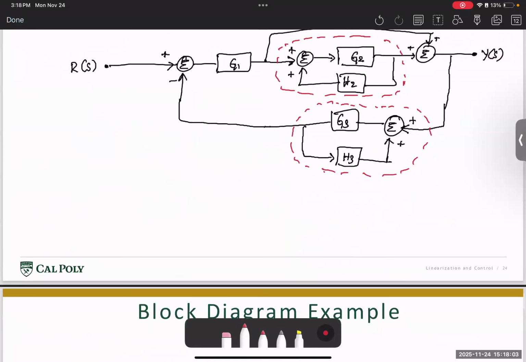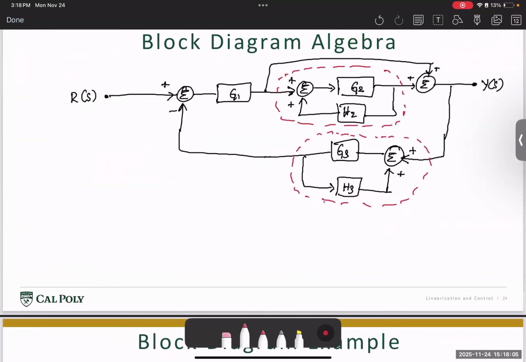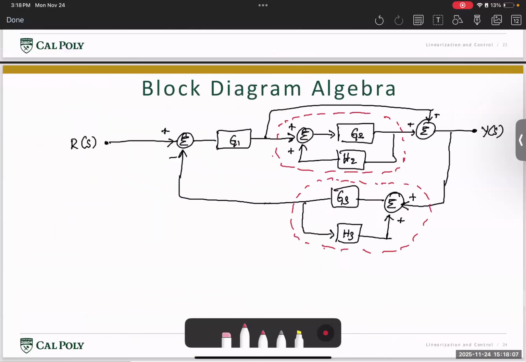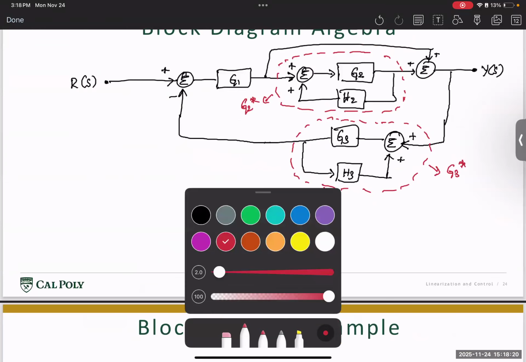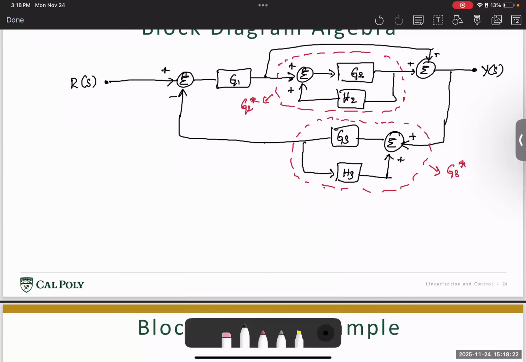All right. So now just simplifying these two transfer functions, let's call this transfer function G2 star, and I'm going to call this transfer function G3 star. All right. Now I'm going to write expressions for G2 star and G3 star using the transfer function block.